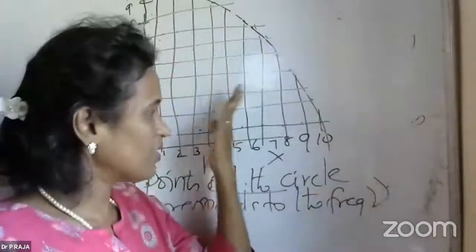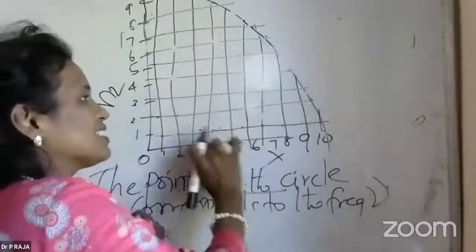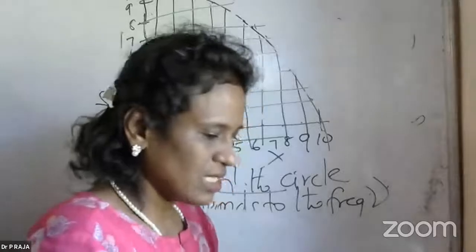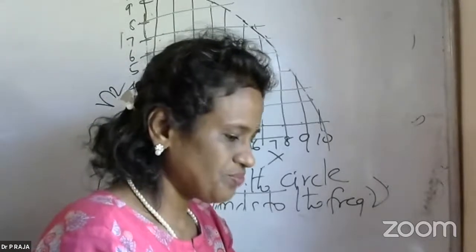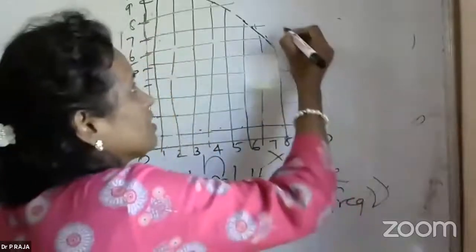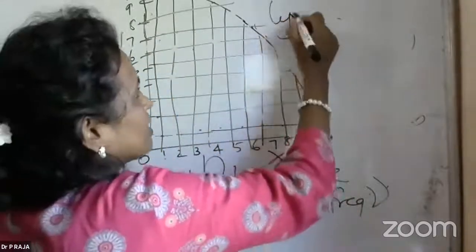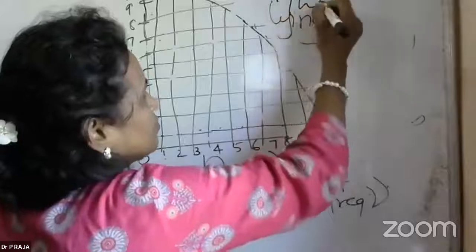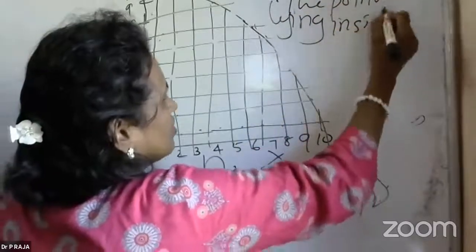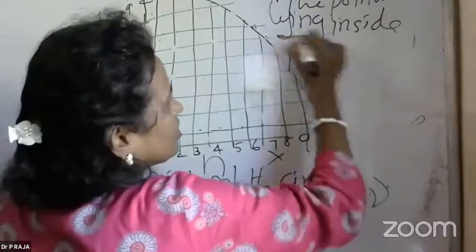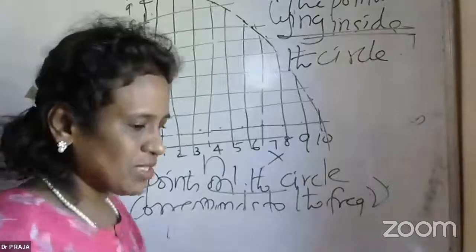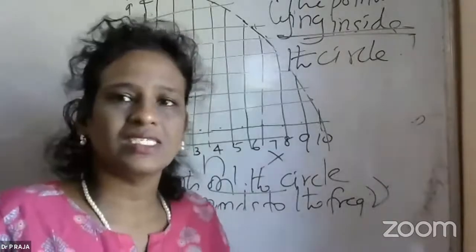But the points lying inside the circle are expected to have a frequency less than nu.